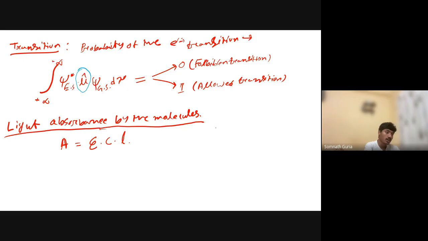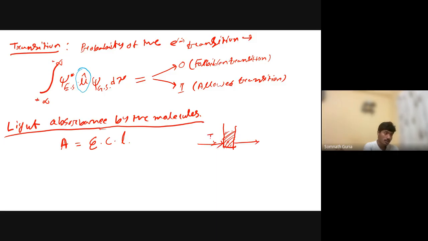Let's suppose we have a cuvette with some solution, and we pass light through it.